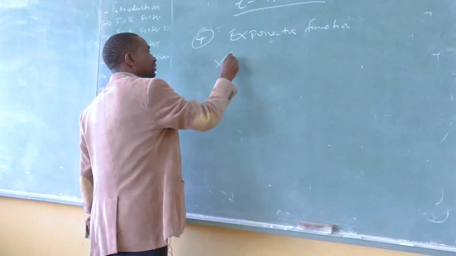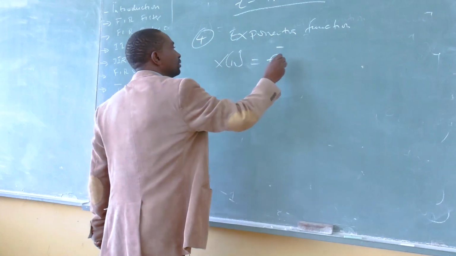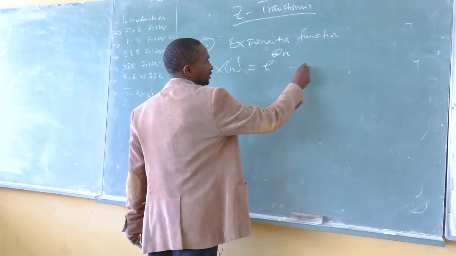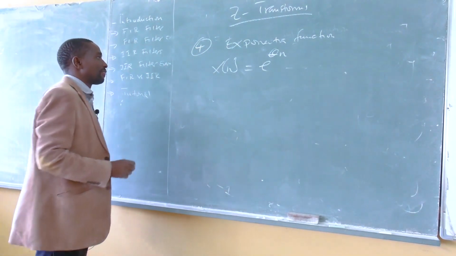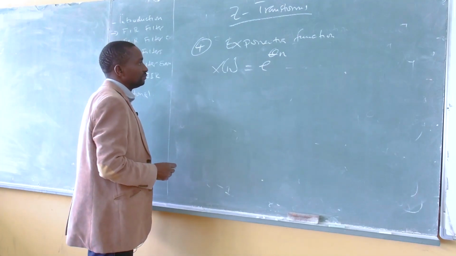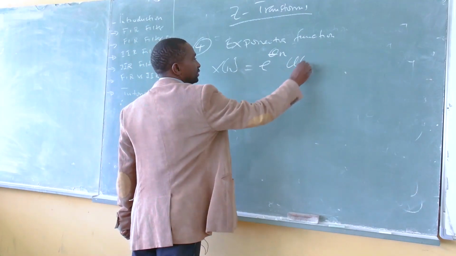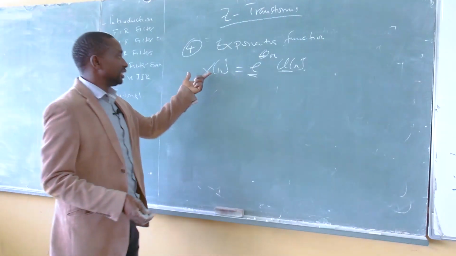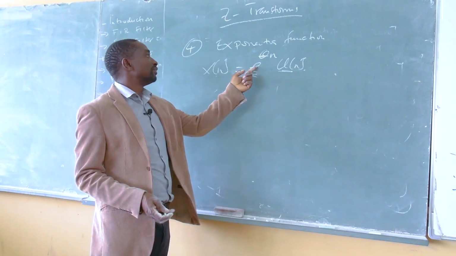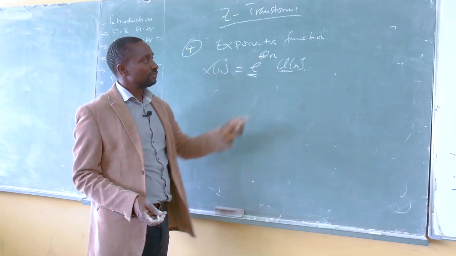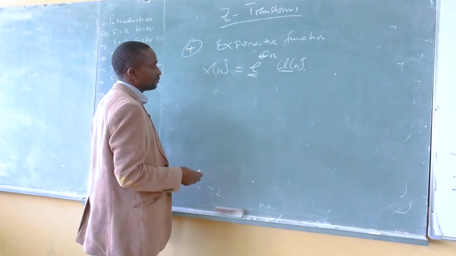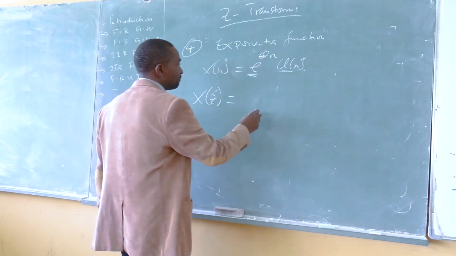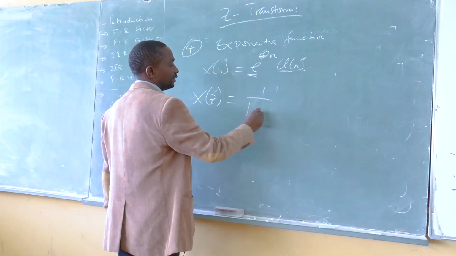If we are given x of n as being equal to e to the power theta n, this is an exponential function, and we are asked to find the Z transform, with reference to the unit step function. So X of z will be given by 1 over 1 minus 1 over z.